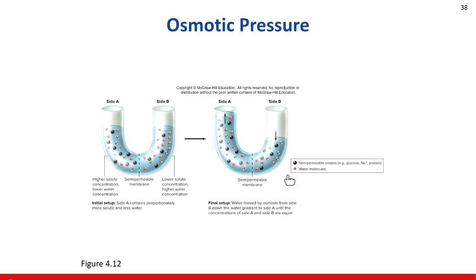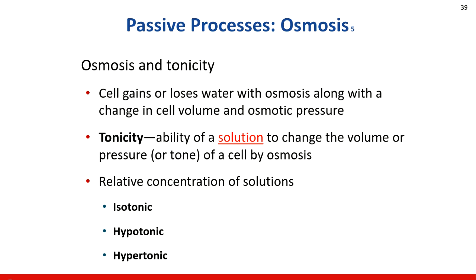So that leads me to my next concept. And that has to do with what we call tonicity, which is the ability of a solution to change the volume or pressure, which is what we refer to as tone, of a cell by osmosis. So we're going to set up an experiment here in a moment in which we take a red blood cell and we drop it into 3 different types of solutions, okay? And more on that in a second.